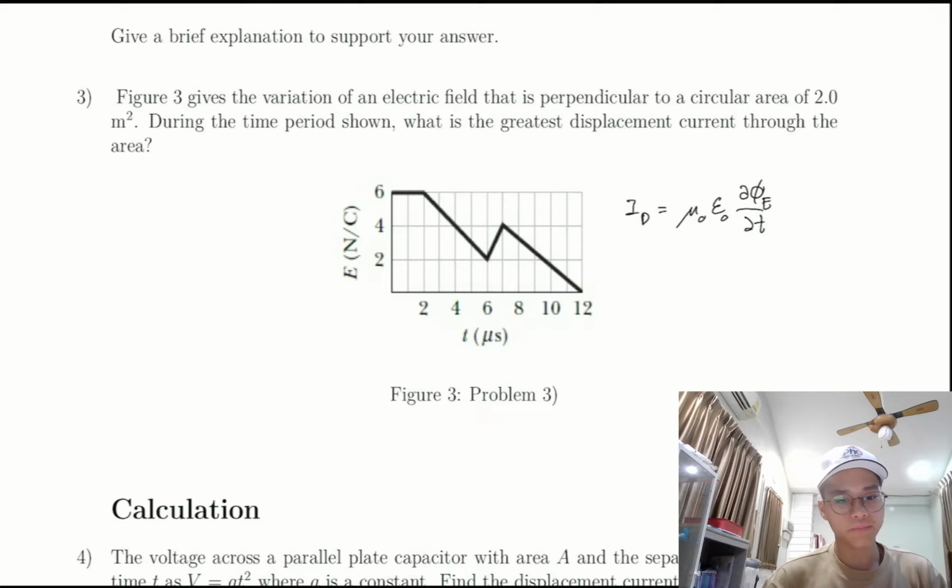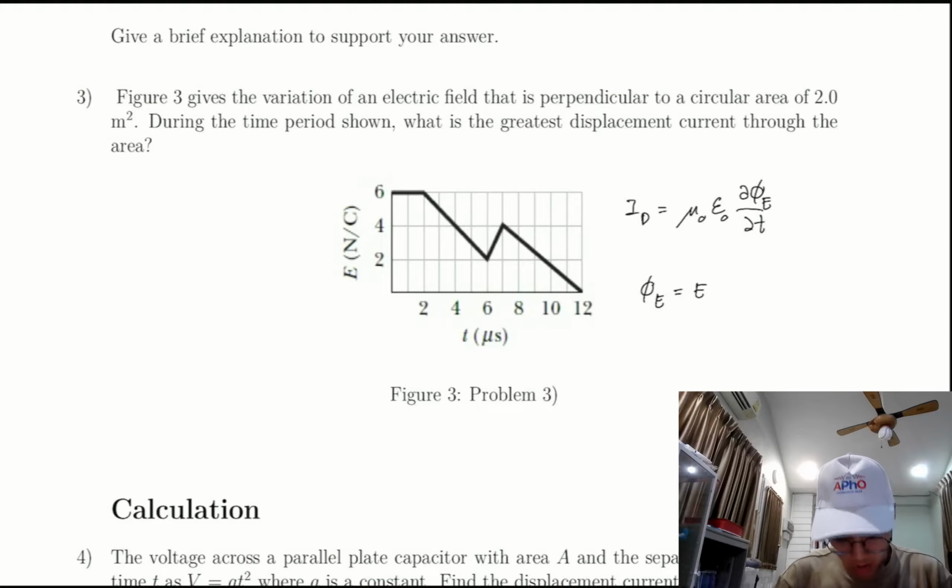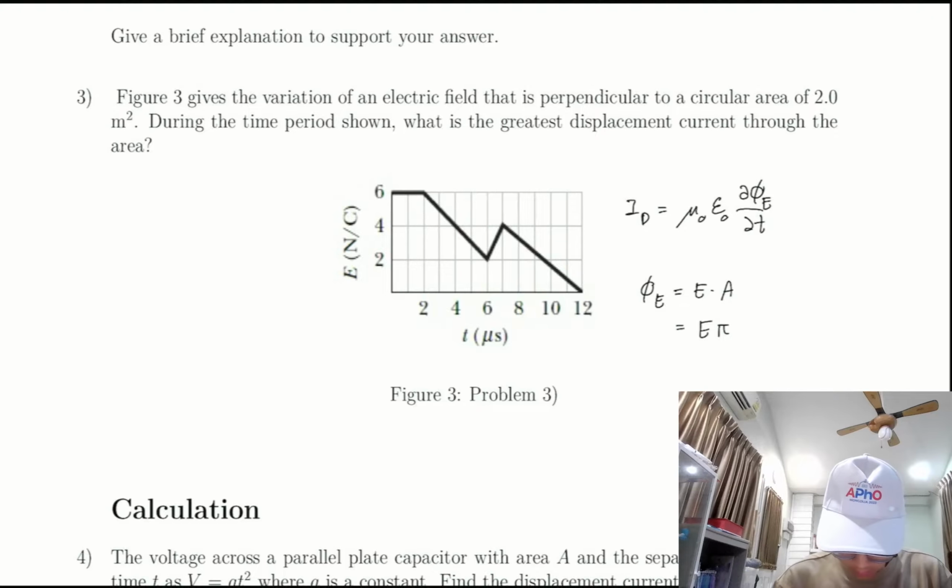Since the flux is E times area, which is equal to E times the cross-section area they already gave, it is 2 square meters, sorry.